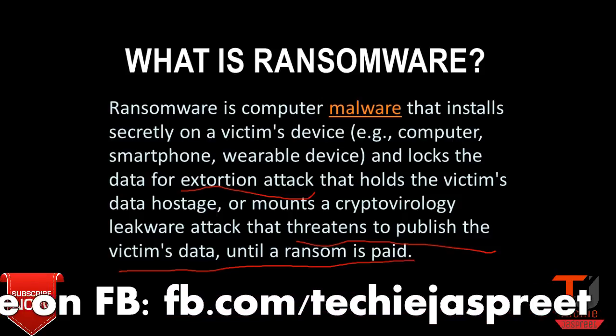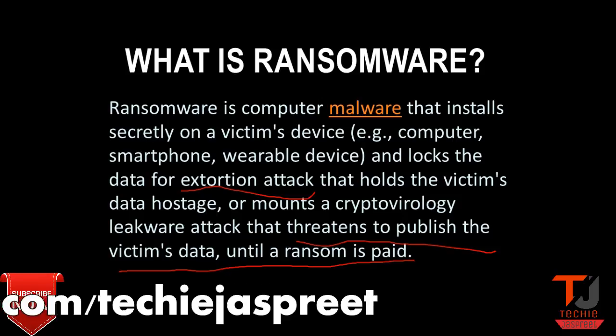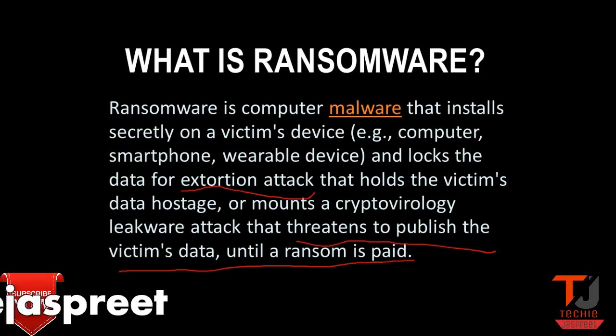So the attacker encrypts our data, and to decrypt it or to use it in our original form we need a key. That key is the main key which we need for the decryption. For that key which is required for decryption, the attacker asks us for money, which is known as the extortion attack, which is written here.